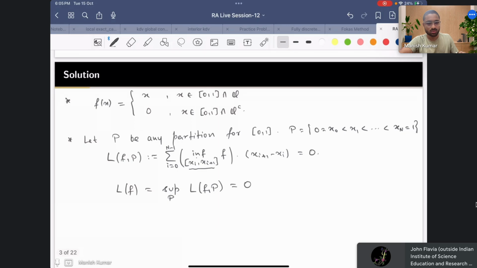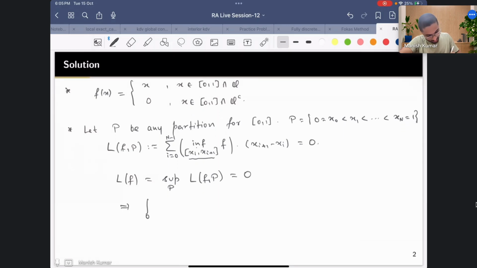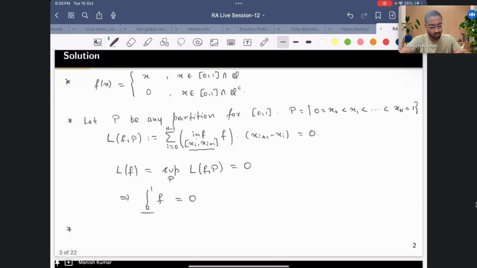So the lower integral of the function f from 0 to 1 is 0. This is about the lower sum or lower integral. Now let's get the upper integral. For the upper one you just have to replace the infimum by the supremum, and the supremum by the infimum.